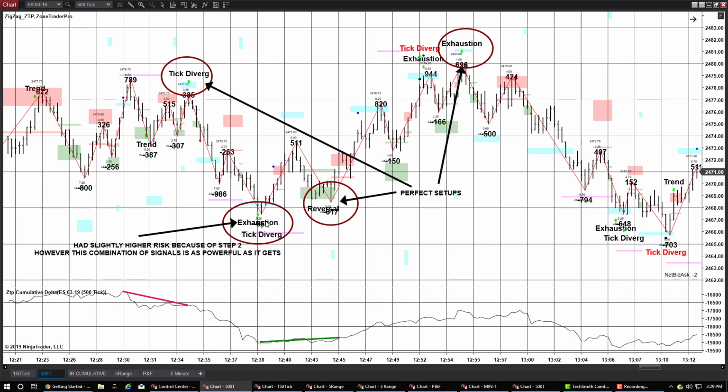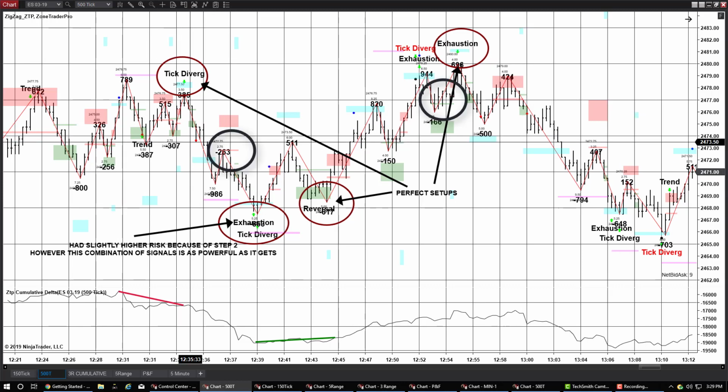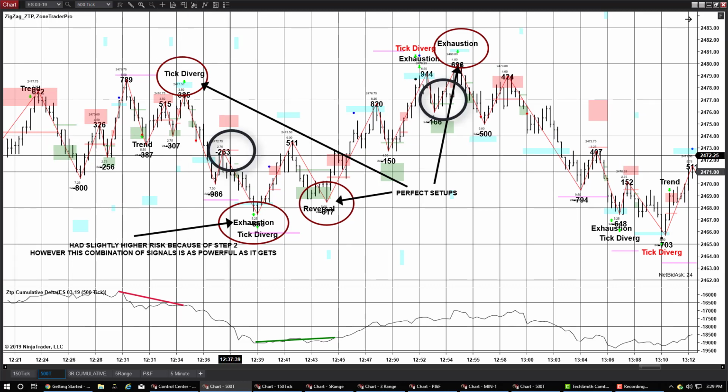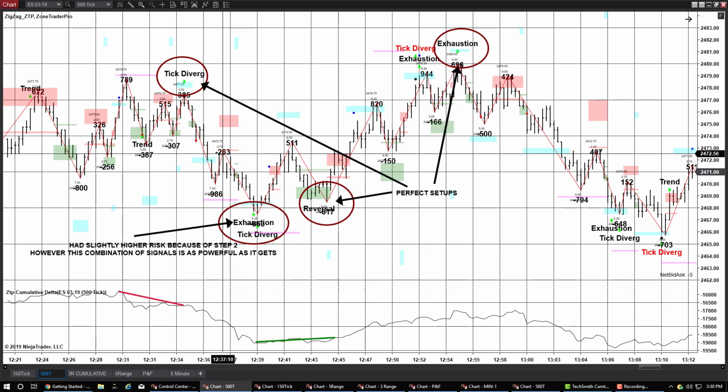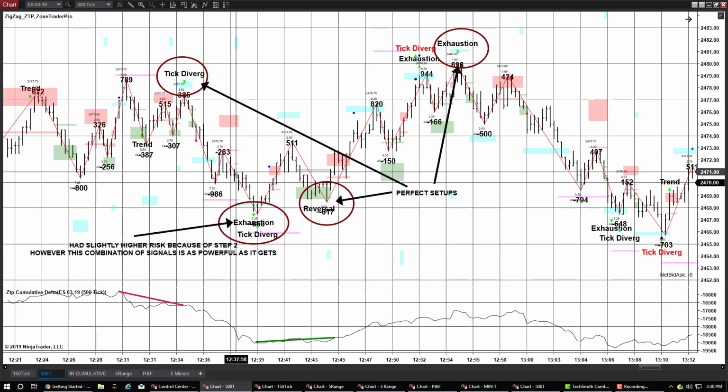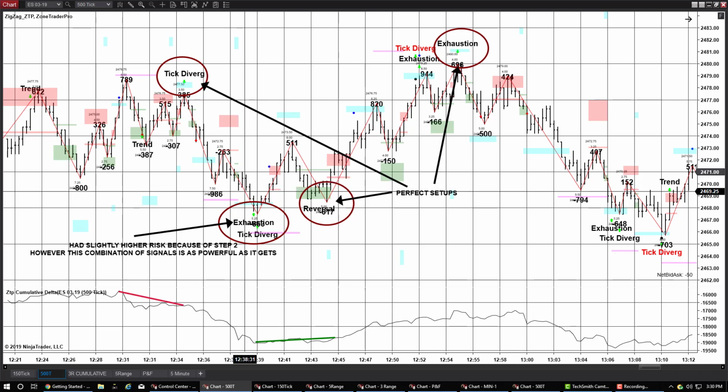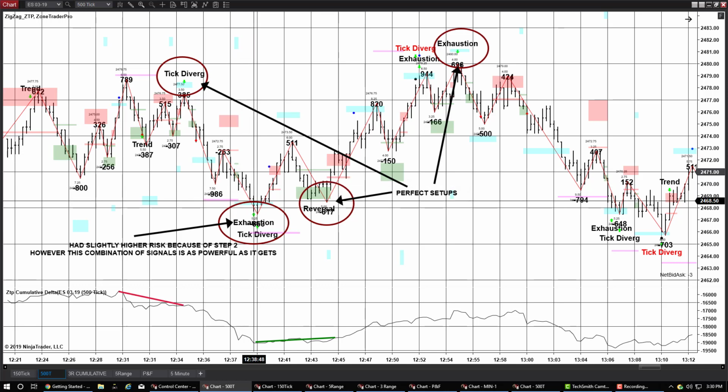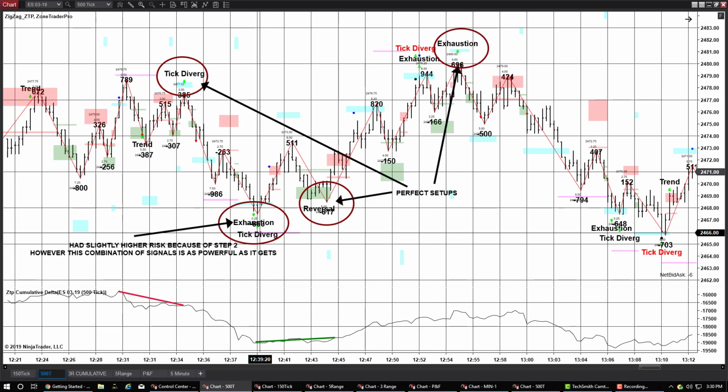An exhaustion trade occurs anytime we have a reversal from minor, which is occurring right here. Because of that reversal from minor, when we go to test a low or trade below it, we have an exhaustion pattern. At the same time, that exhaustion pattern was also tick divergent.